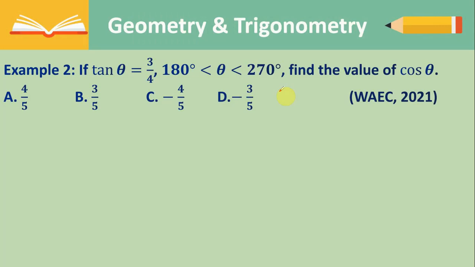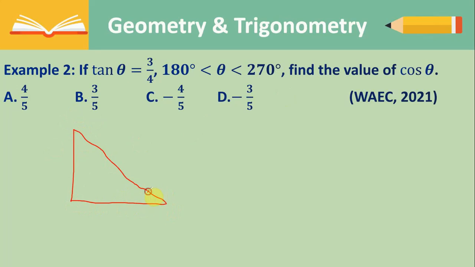The next example is also a WAEC question from the recent WAEC, WAEC 2021. It is almost the same thing as what we just solved earlier, as we are given tan and we are asked to find the cos. Like I said, whenever you see a fraction or a short form, just know that you are using the right angle triangle. Now, as we know, tan means opposite over adjacent.